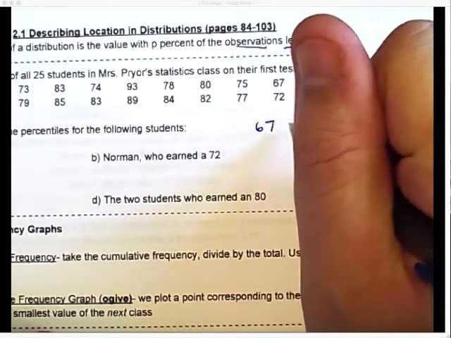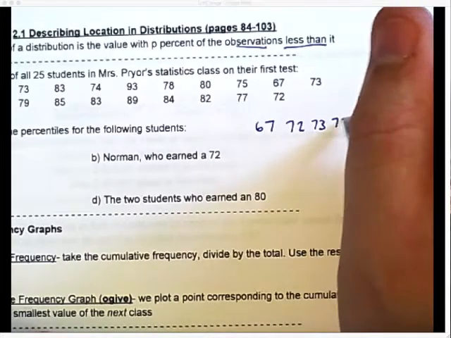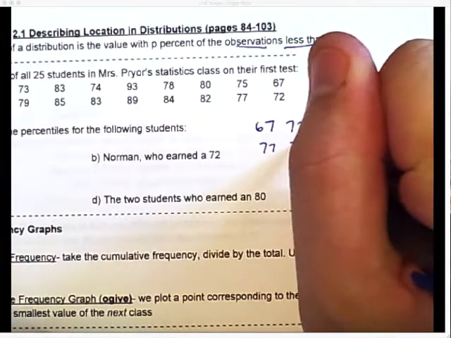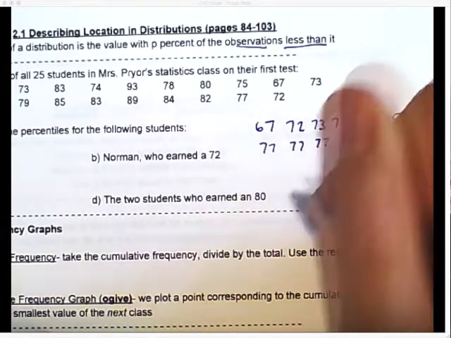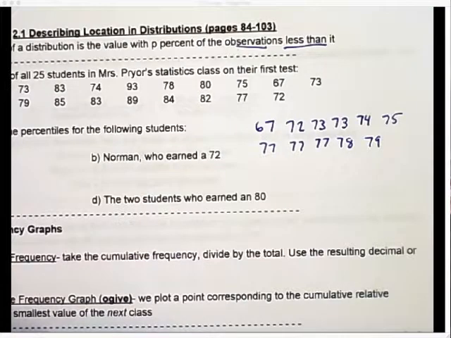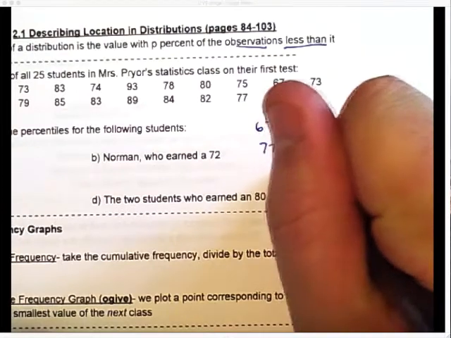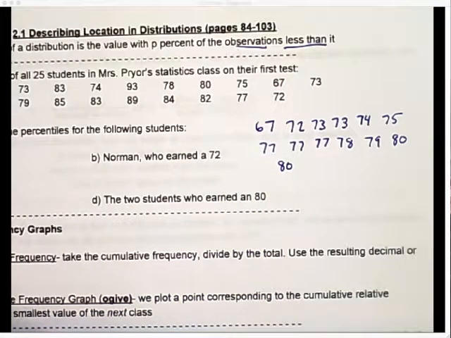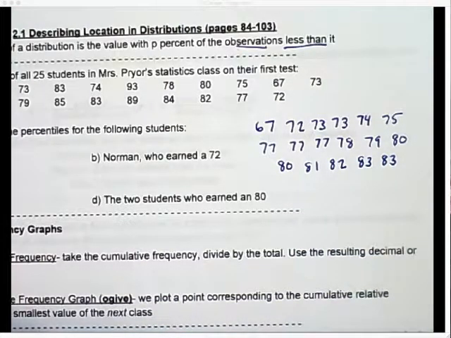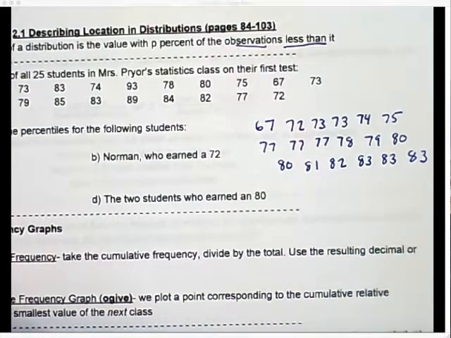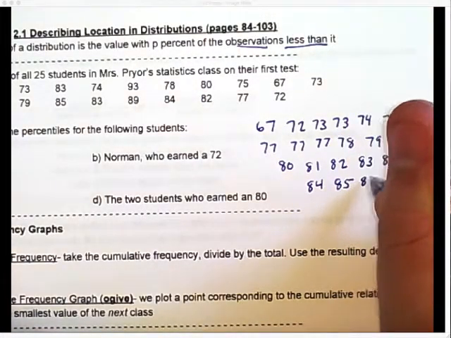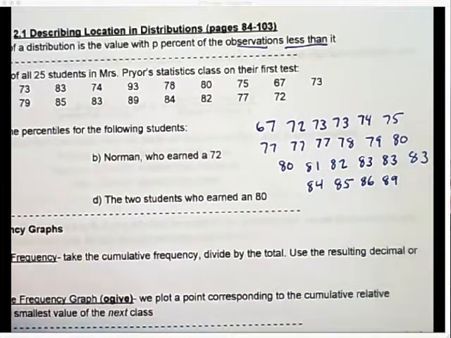So 67, 72, 73, 73, 74, 75, 77, 77, 77, 78, 79, 80, 80, 81, 82, 83, 83, another 83, 84, 85, 86, 89, 90, and 93.